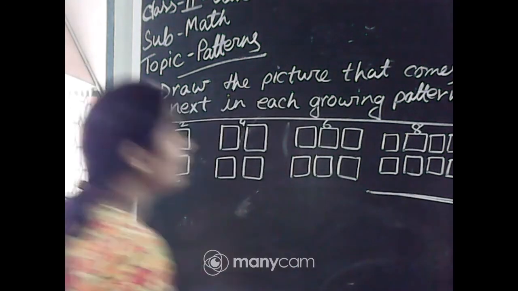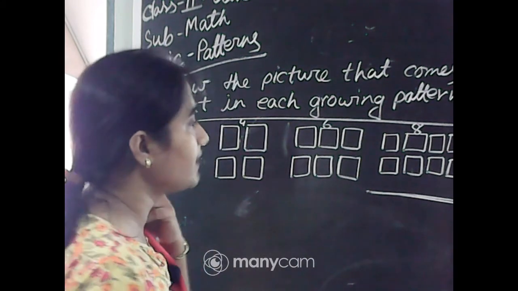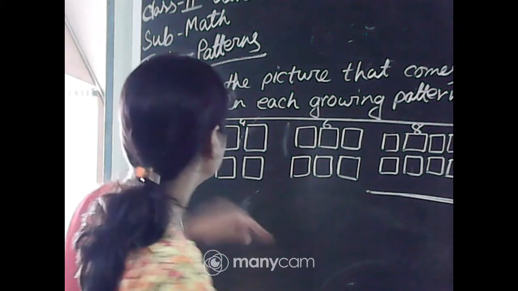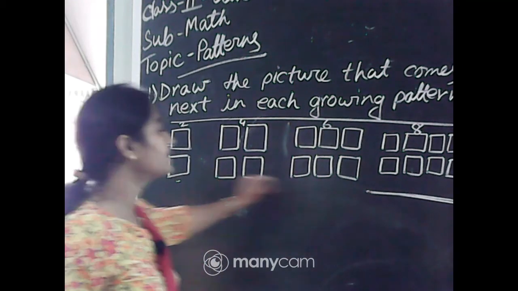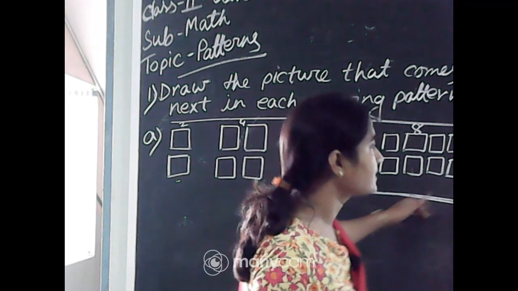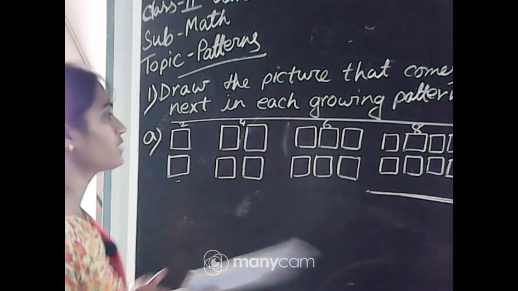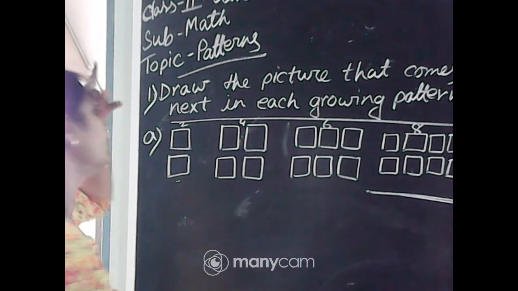Please draw. What happened, Kaushik? Shrestha, eight squares. Yes, two squares, then four squares, six squares, then eight squares.